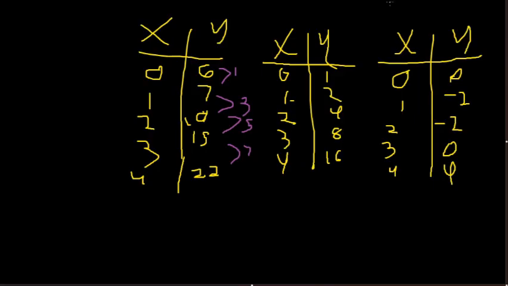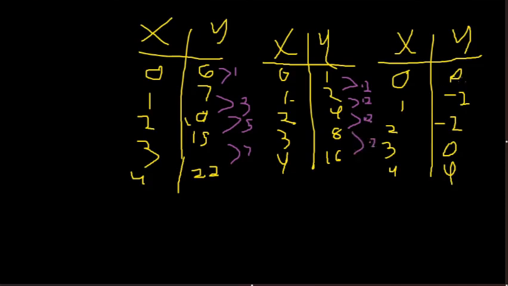All right, now let's look at this second data set. It goes 1 to 2, so that's +1, or for here we're going to do ×2. This is ×2, ×2 and ×2.